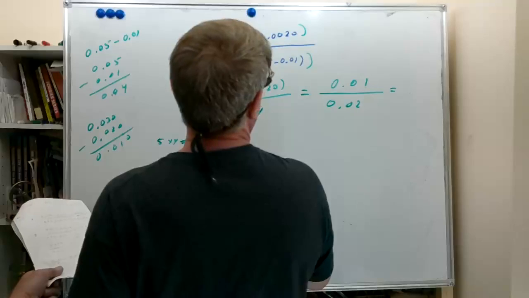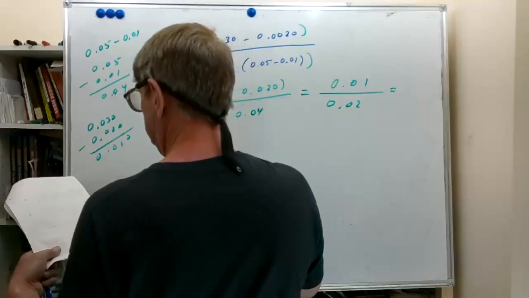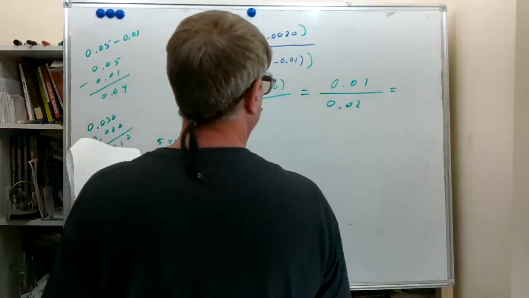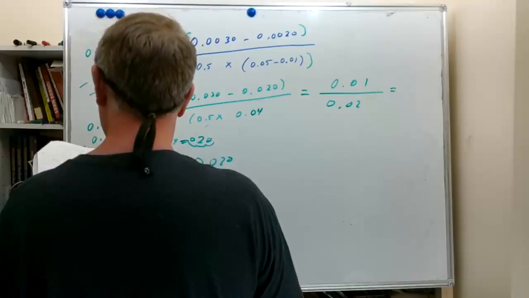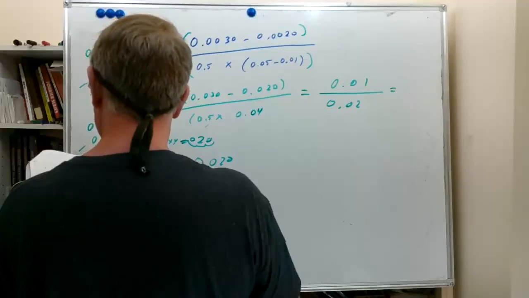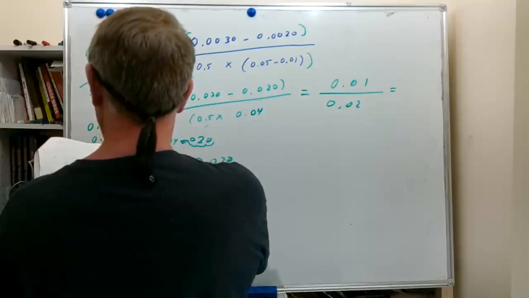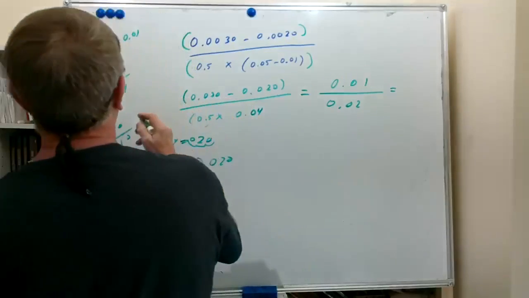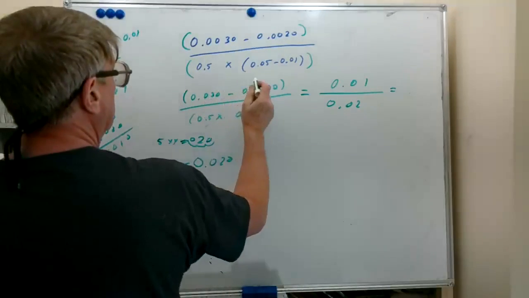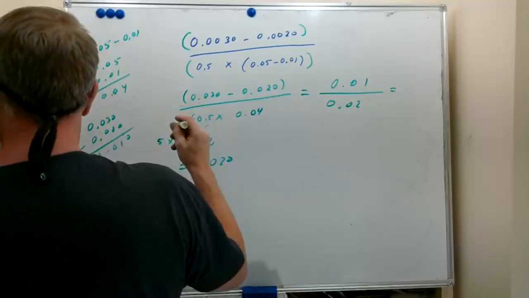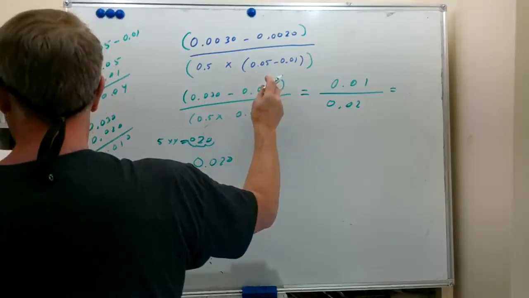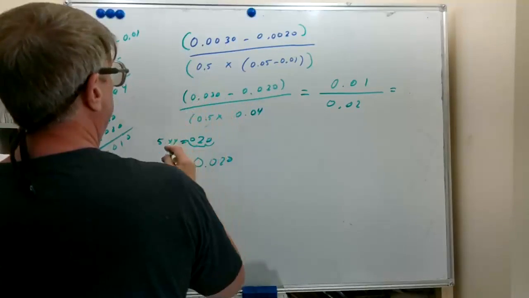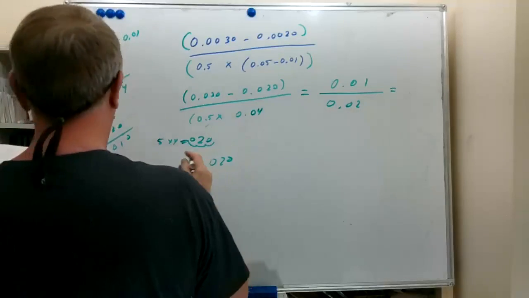I think I might have dropped a, yeah, did I do this one wrong now? 0.5 times 0.04, 3.